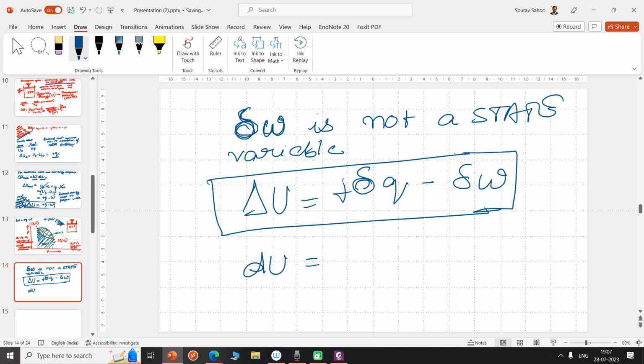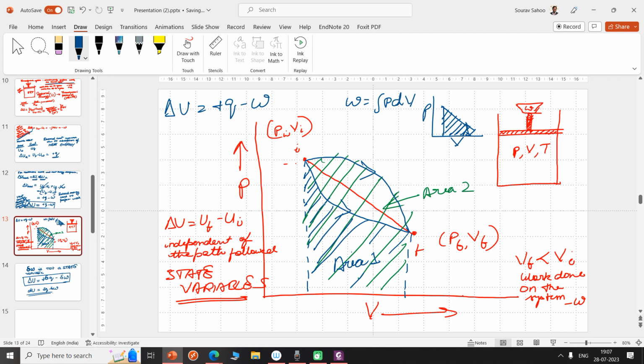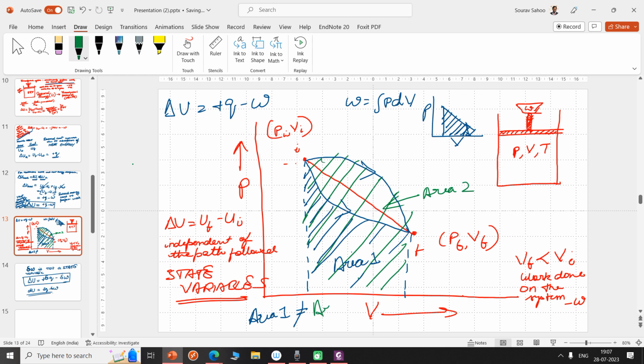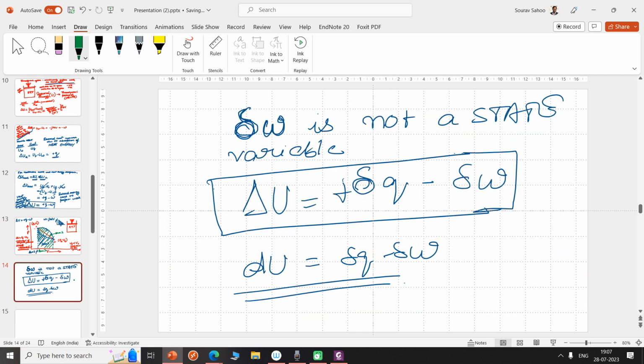Okay, so W is not a state variable because in this PV plot it's essentially an area, and area 1 is not equal to area 2. Therefore, the work done is path dependent.